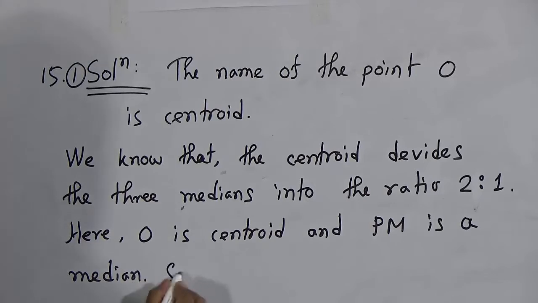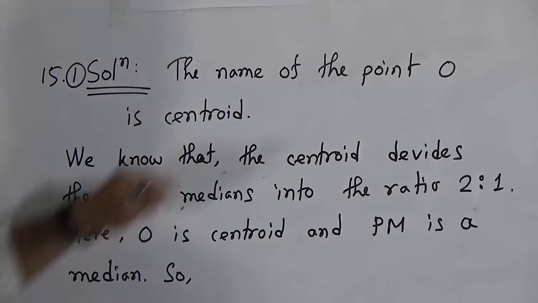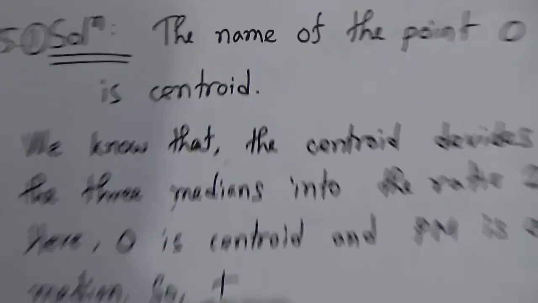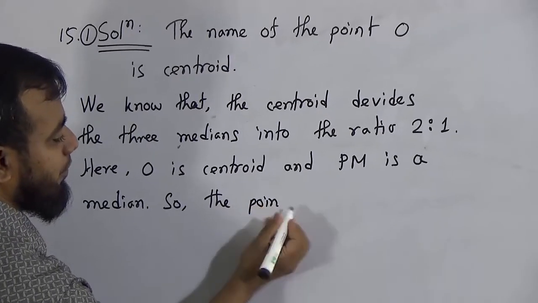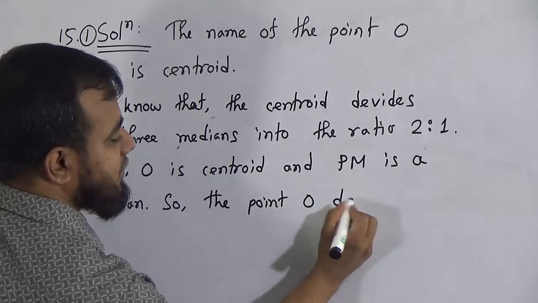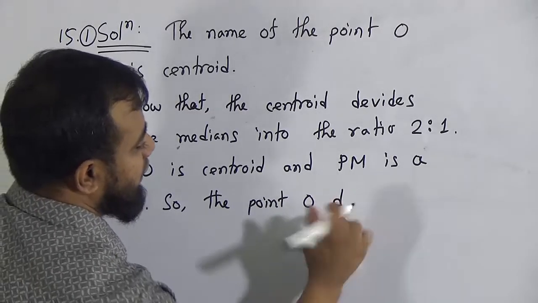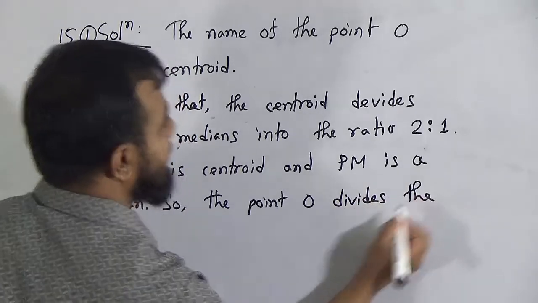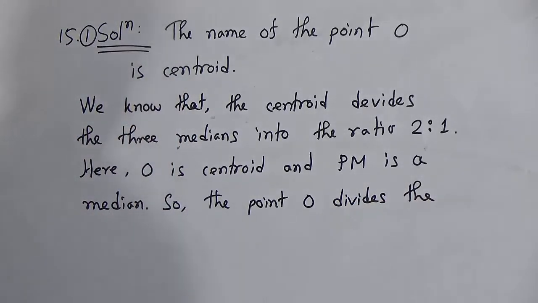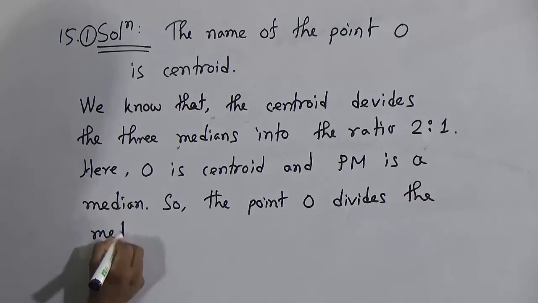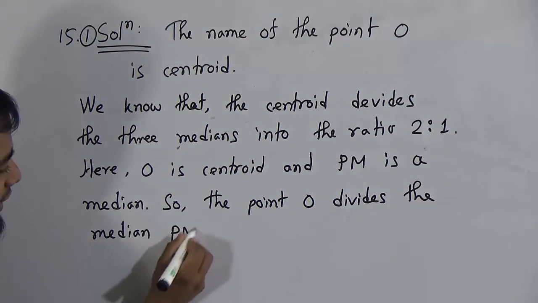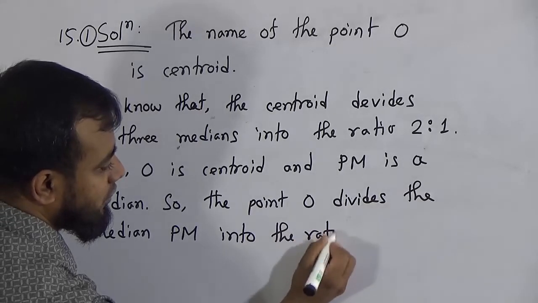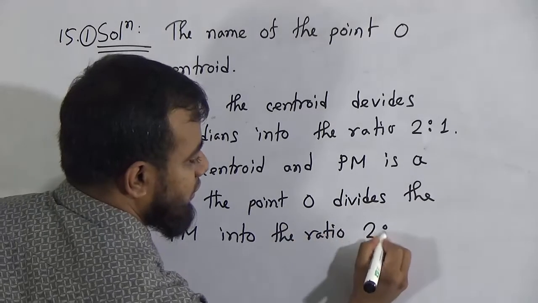So you can say directly that the point O divides the median PM into the ratio 2:1.